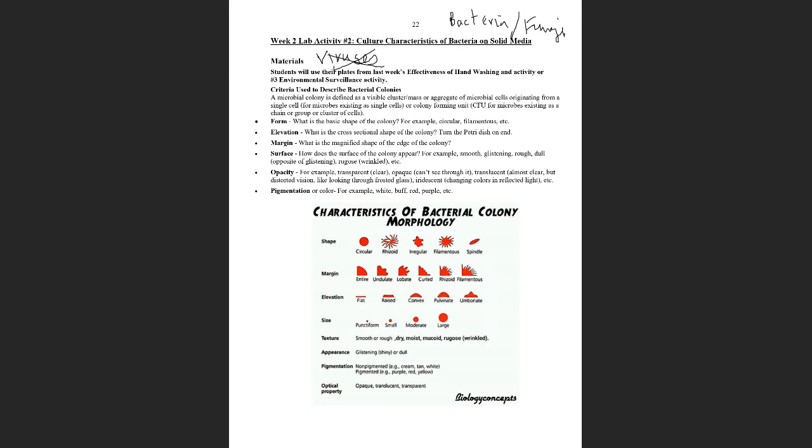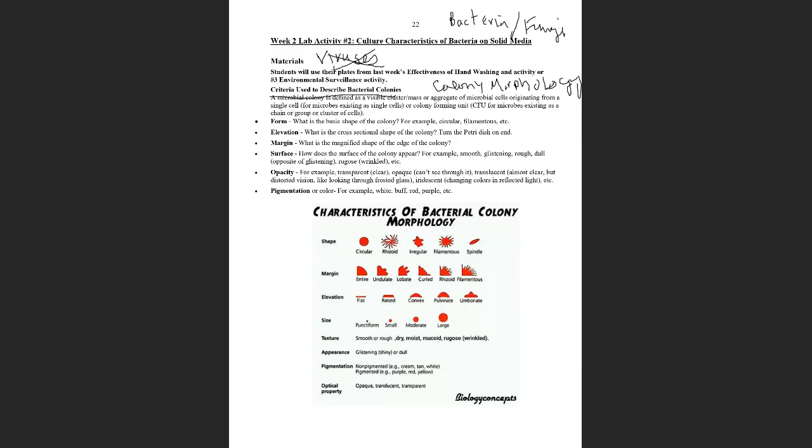So what are some of these criteria that we use? We call them colony characteristics, or colony morphology. Morph means shape, right? Morphology means study of shape. So colony morphology, or we also call it colony characteristics.